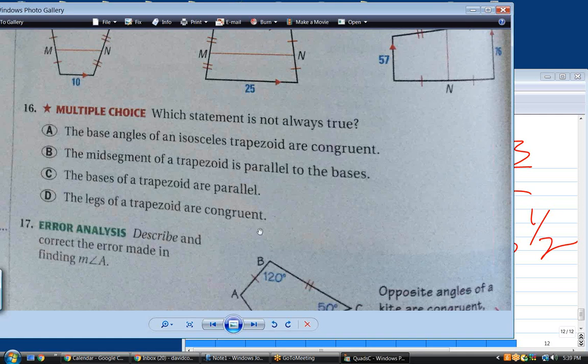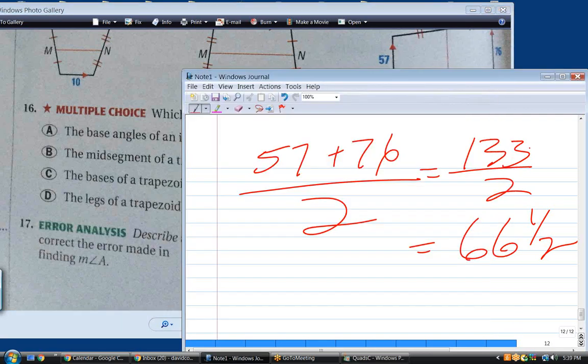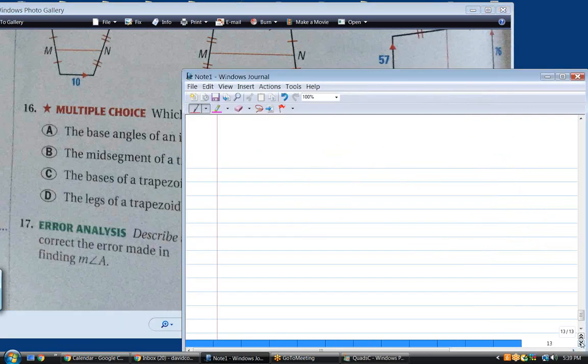The legs of a trapezoid, and when they talk about the legs, they're talking about the two sides that are not parallel. Would that never be true? Well, sometimes it would be true if I have an isosceles trapezoid, but not always. If I have a precise isosceles trapezoid, that leg is congruent to that leg, and that angle is congruent to that angle.